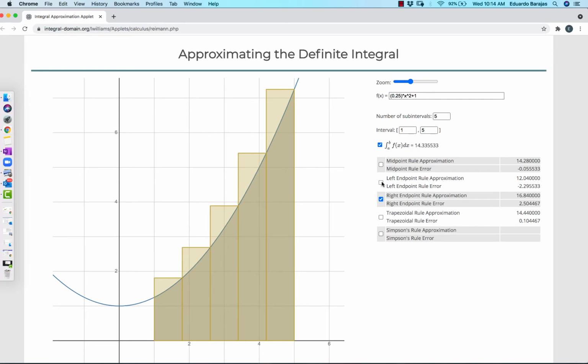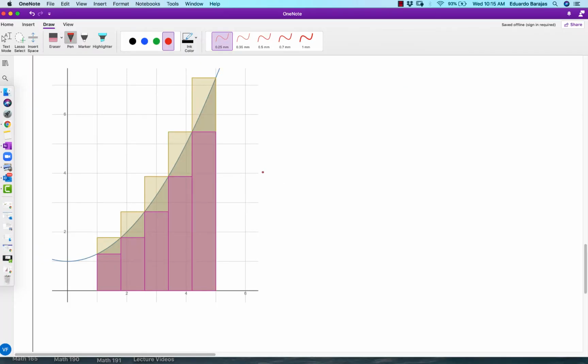Let's put them both together. Under one calculation, when we use the right end rule, the overestimation error was the sum of all these almost triangles that I'm drawing in red.